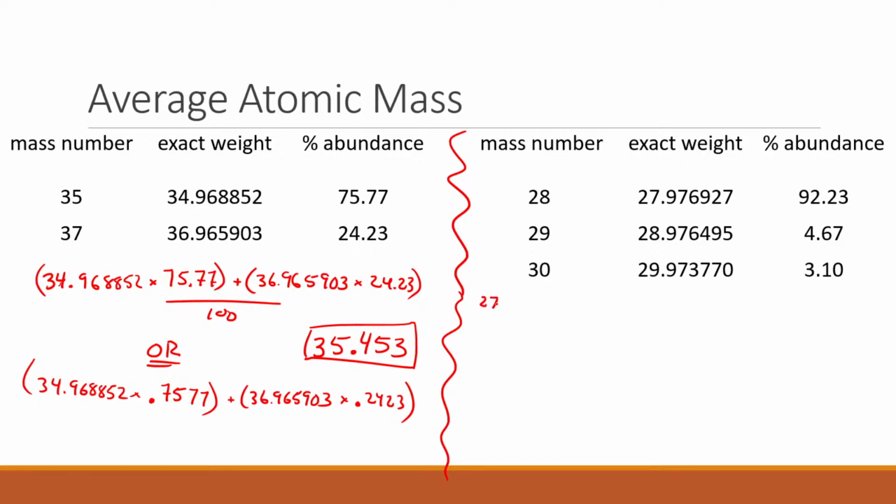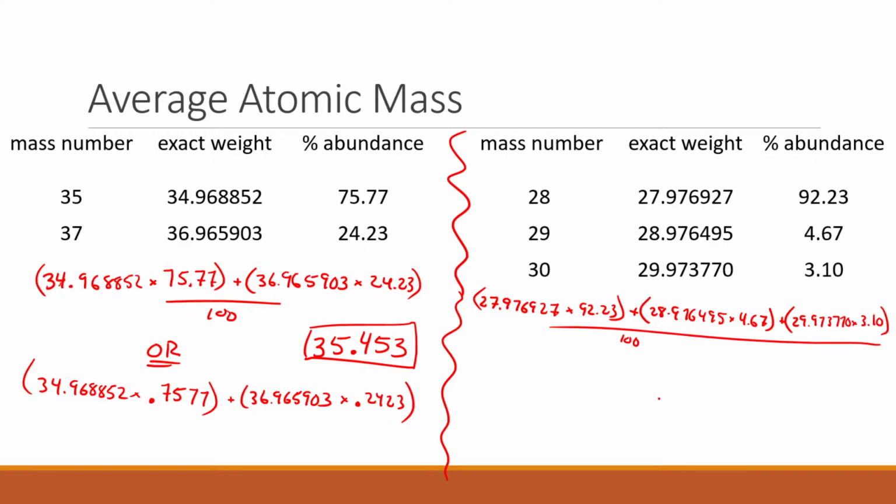So we're going to have 27.976927 times 92.23 plus 28.976495 times 4.67 plus 29.973770 times 3.10, divided by 100, or these same numbers, 27 times 0.9223 plus 28, all those numbers, times 0.0467 plus 29, times all those numbers, times 0.0310.